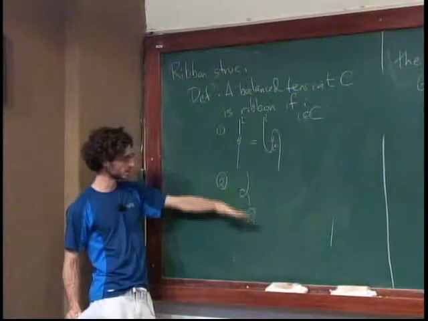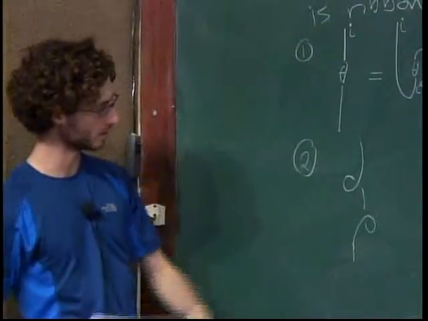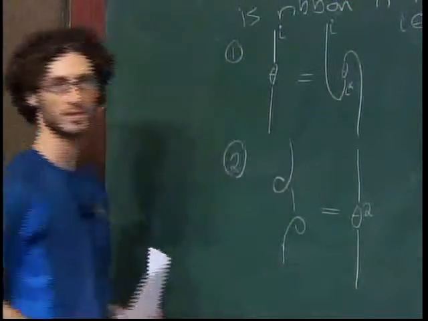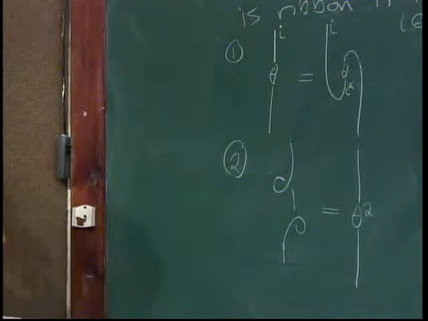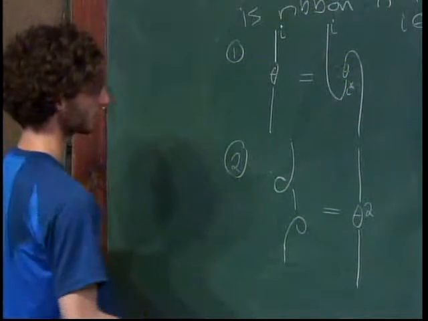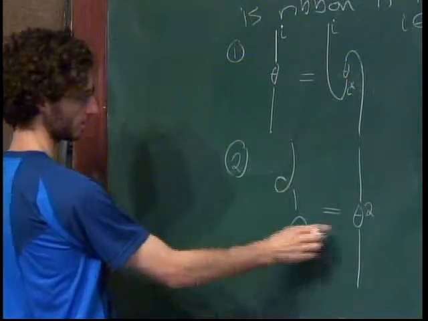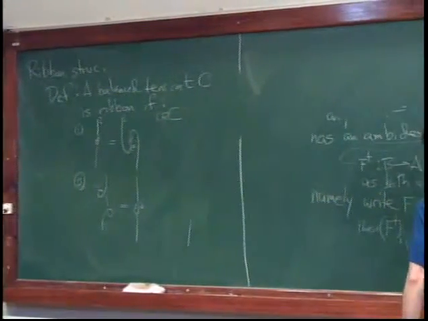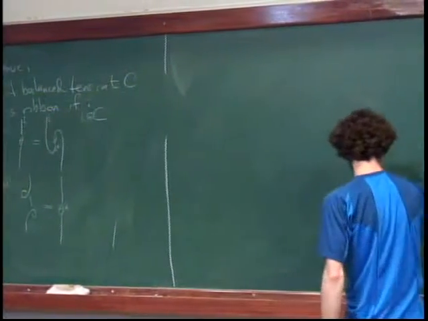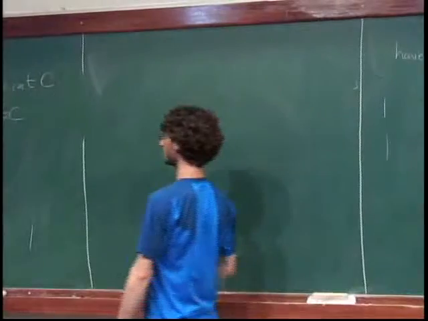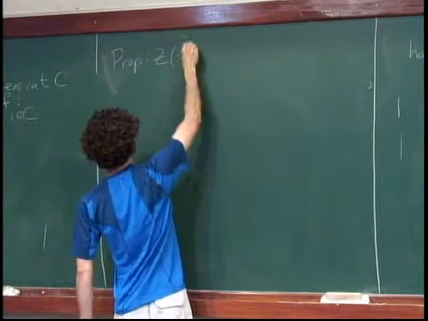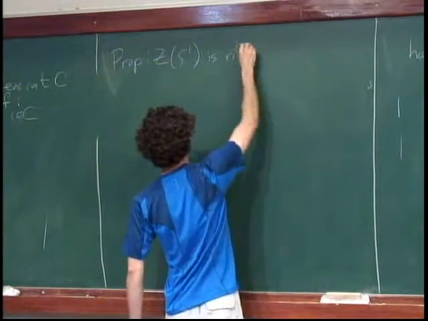So I can make sense of this as a morphism from an object to itself in C, and that morphism should be equivalent to applying the double twist on C. So these are the conditions that control the compatibility of dual objects with this twist. So far it's just pure algebra, but now we can see where it's coming from topologically. The proposition is that Z of S1 is actually ribbon.